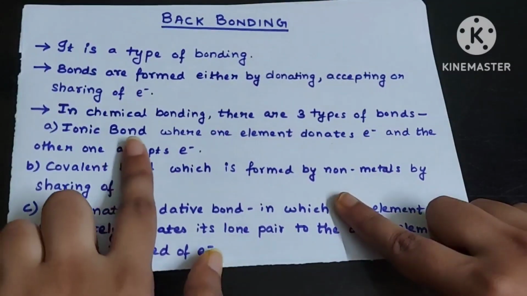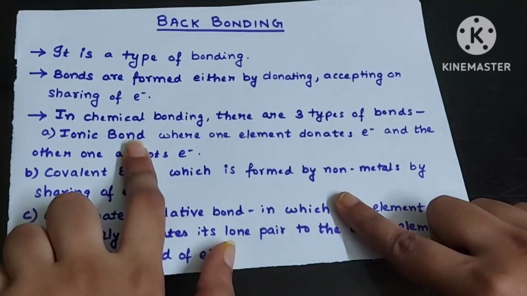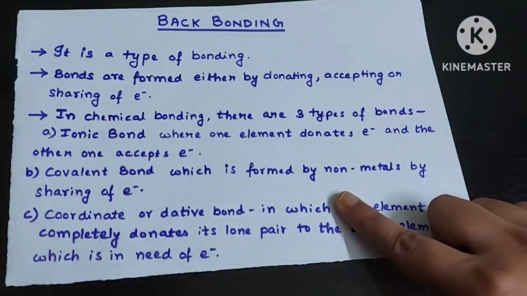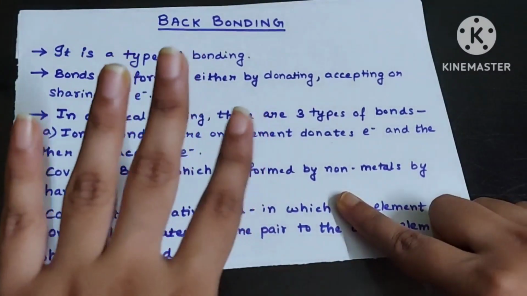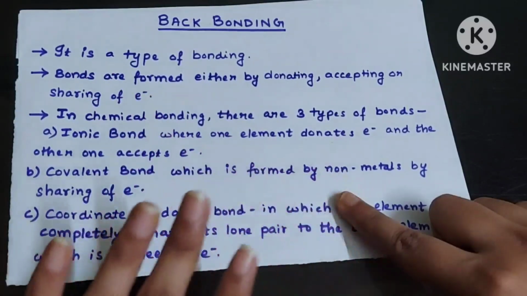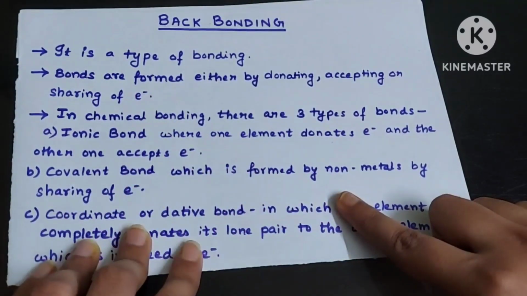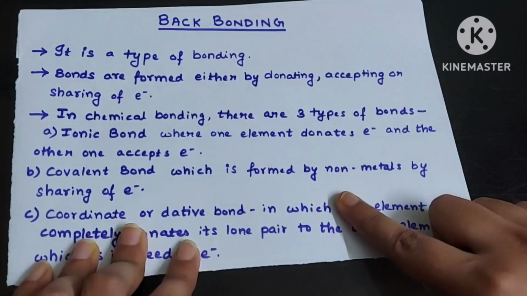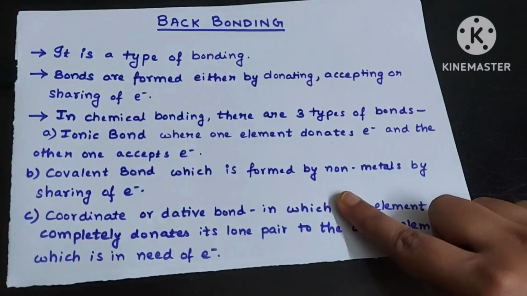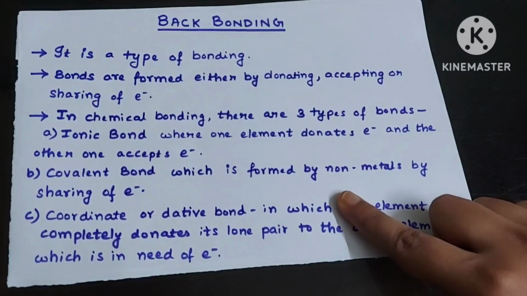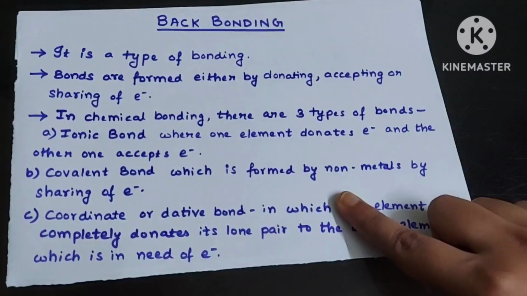And ionic bonds, example is NaCl, where sodium donates one electron because it has one electron in its outermost shell, and chlorine accepts one electron because it has 5 electrons in its p subshell, and the p subshell can hold a maximum of 6 electrons.